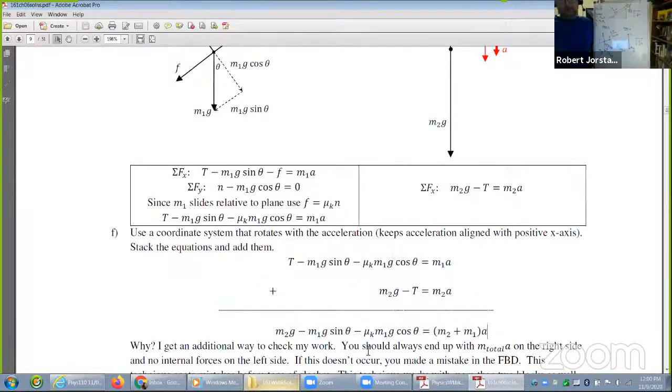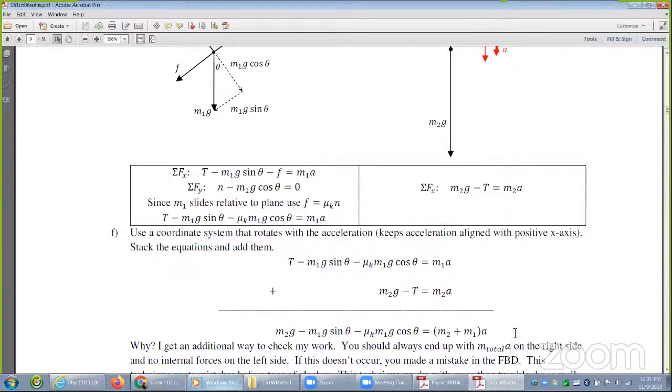And notice, you don't have to do it the way I do it, but why do I do it this way? I end up with M total A on the right. No internal forces on the left. This helps me check if I made a mistake with the plus or minus sign in my FBD or the force equations. So just pausing here, can I just divide everything by mass and have it drop out? What do you think?